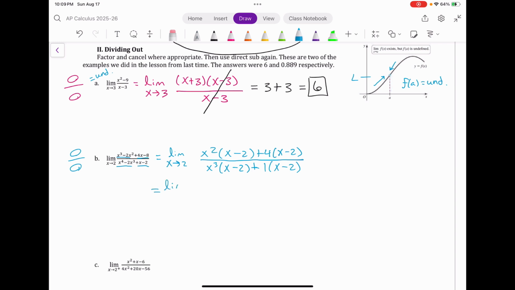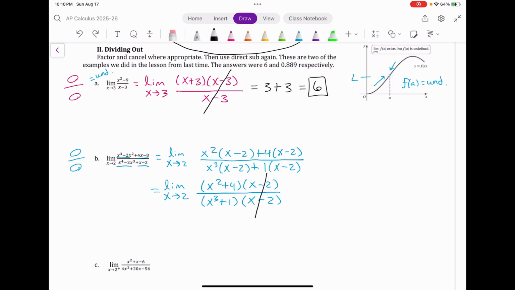All right, don't forget the limit. The limit as x approaches 2 for x squared plus 4 times x minus 2 over x cubed plus 1 times x minus 2. All right, so we see the x minus 2 factor cancels out, and that was the issue, right, of us plugging 2 in.